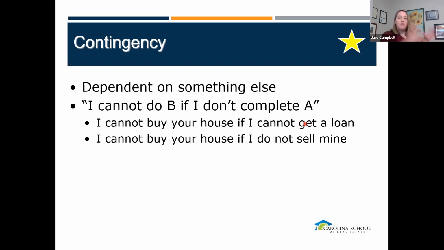Or I can't buy your house until I sell mine. If I don't get loan approval, I don't have to buy your house. If I don't sell mine, I don't have to buy your house. I can't do B if I don't first do A. If I don't do A, B's not going to happen. That's a contingency.